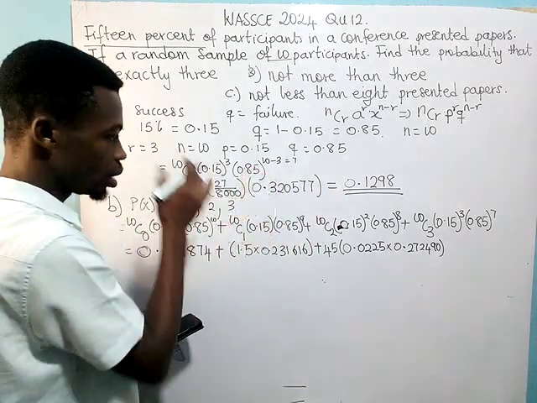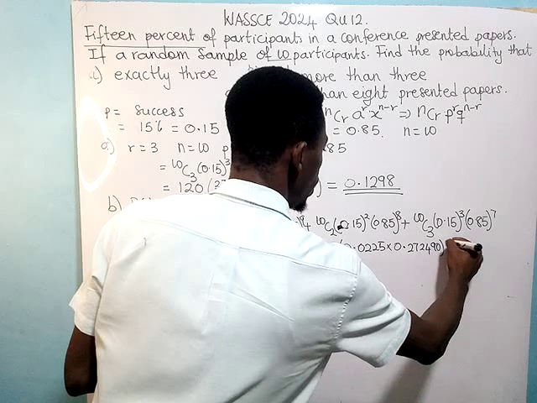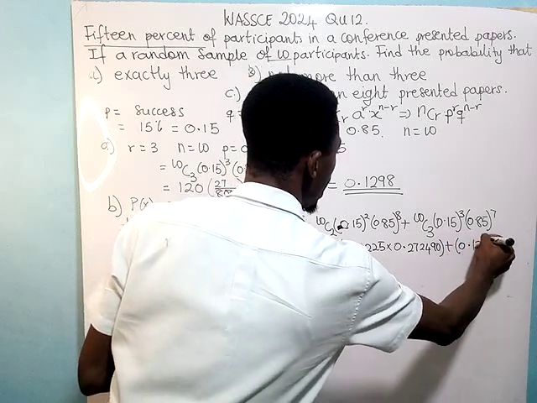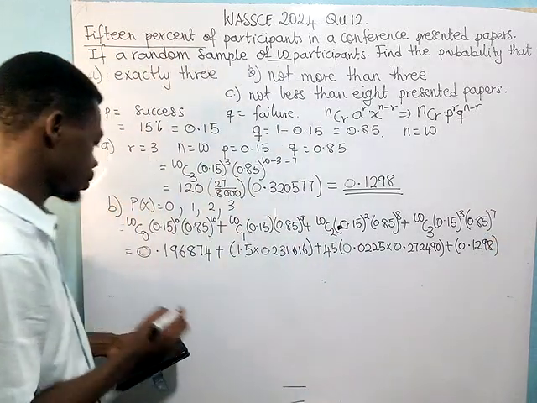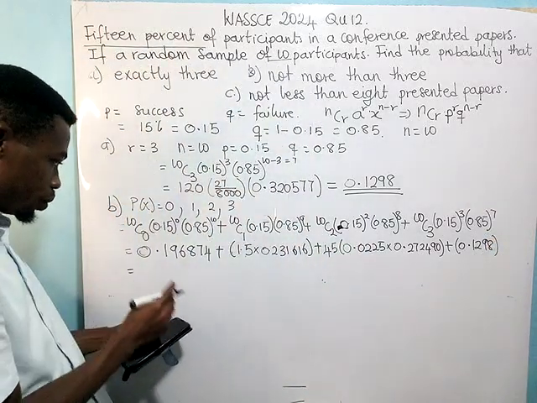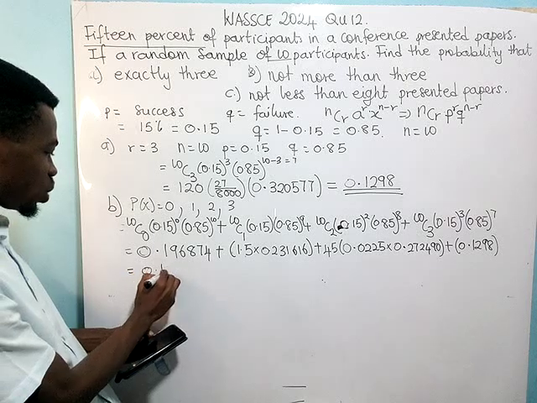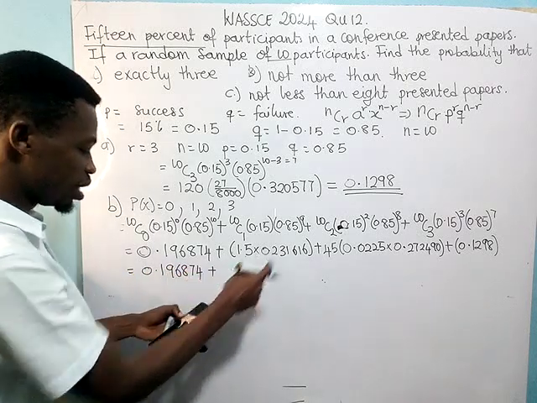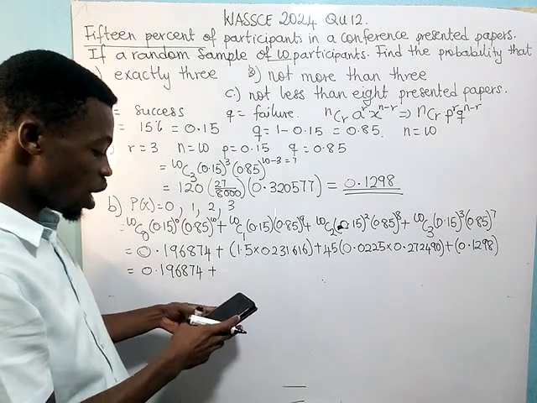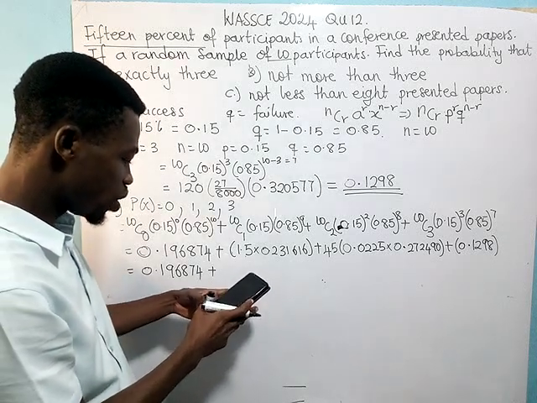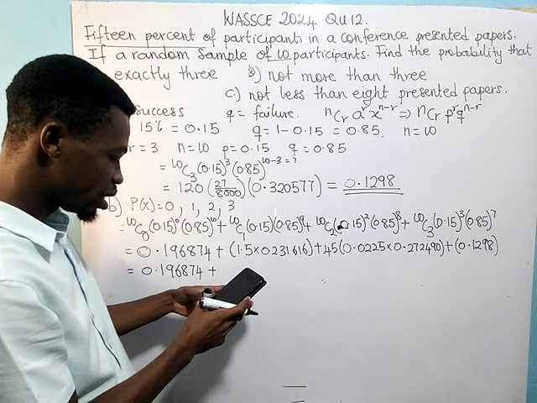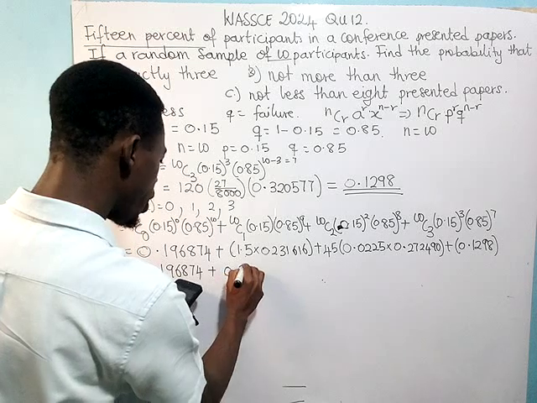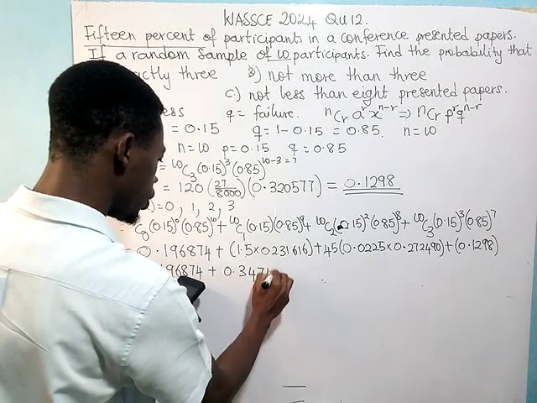Then this we've already solved: that's what we had here, which is 0.1298. So now let's go. We have 0.196874; 1.5 times 0.231616 gives 0.347424.